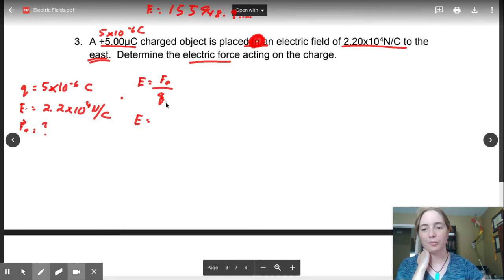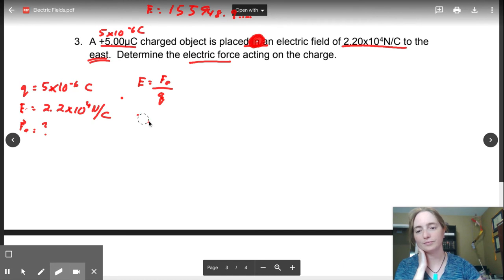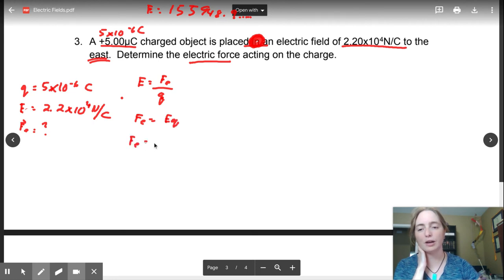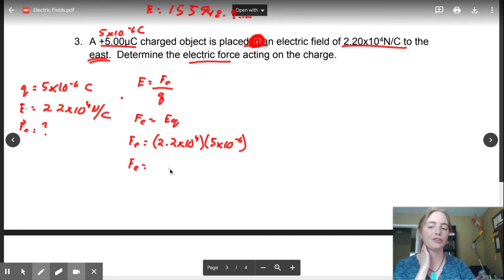So we are going to rearrange our equation. Fe is equal to EQ. I'm going to plunk in my numbers of 2.2 times 10 to the power of 4 newtons per coulomb. And I'm going to multiply that by 5 times 10 to the power of negative 6 coulombs. Coulombs cancel in your units. And we're going to wind up with the lovely answer of 0.11 newtons.